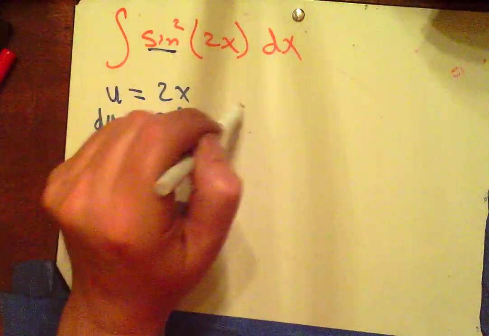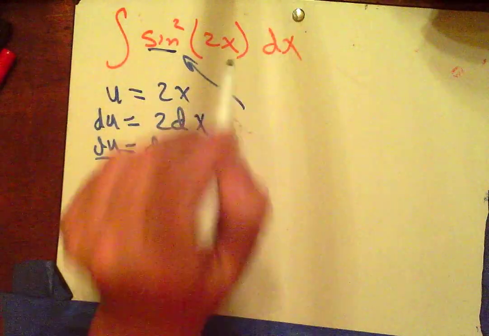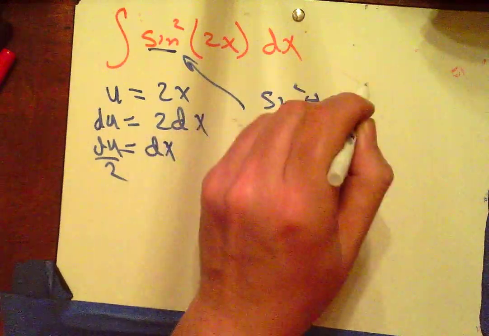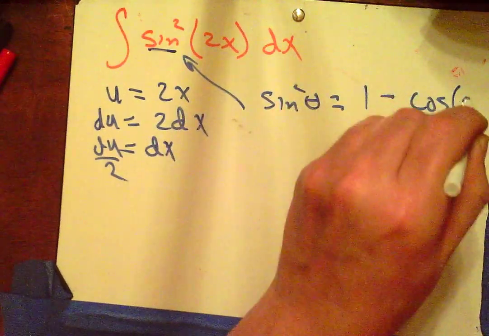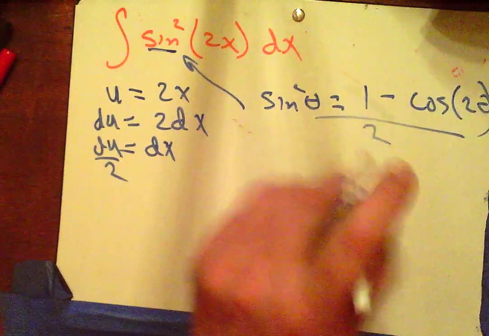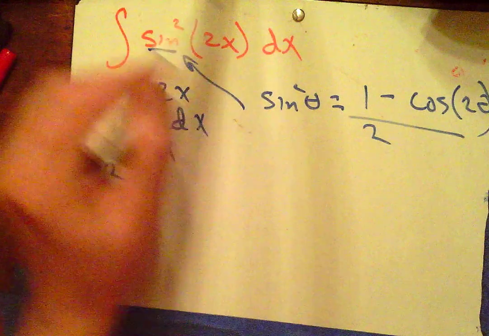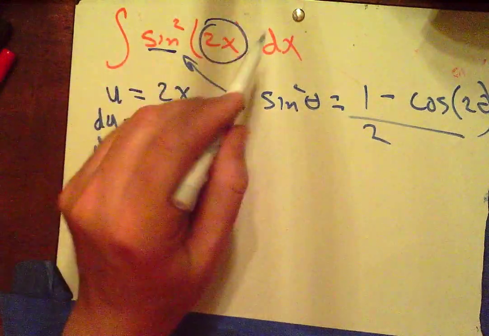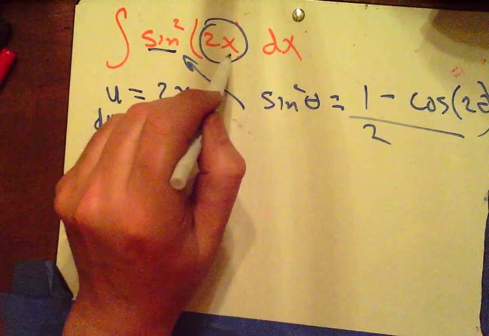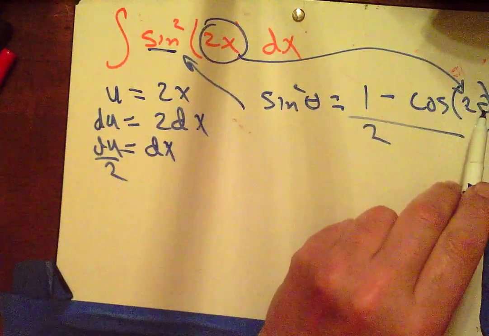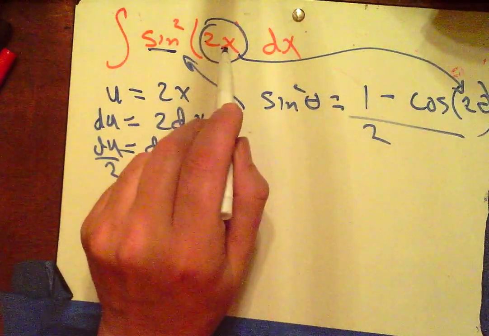Now, we see the sine squared, and we know that sine squared theta is 1 minus cosine 2 theta over 2. So what's my theta? This is my theta. So that has to go in there. 2 times theta. 2 times this.